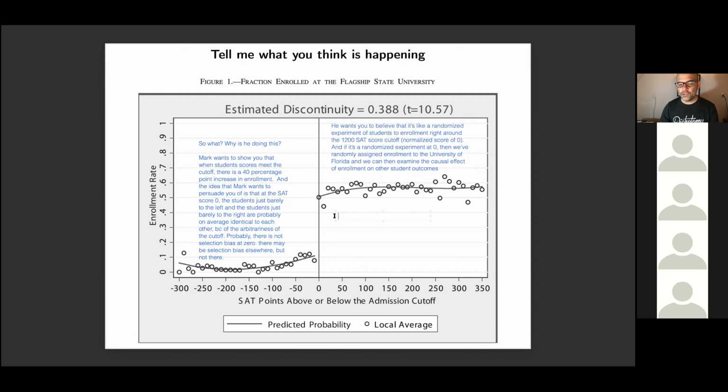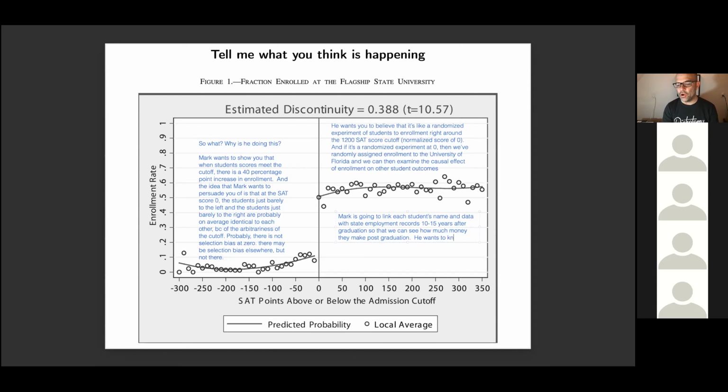So what Mark is going to do is link each student's name and data with state employment records 10 to 15 years after graduation, so that we can see how much money they make post-graduation.